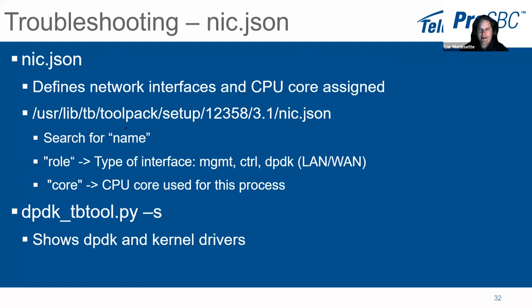Then it has the role. The role can be LAN 1, it can be management, or it can be control 0, control 1. And then the core is which CPU core is used for this process. So in that file, you really specify what is the core that is being used for processing these packets.